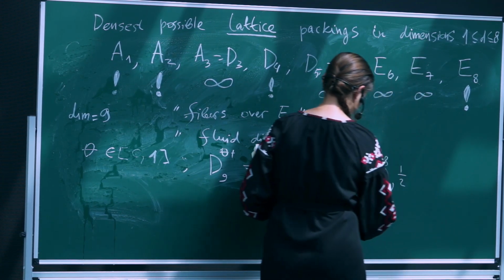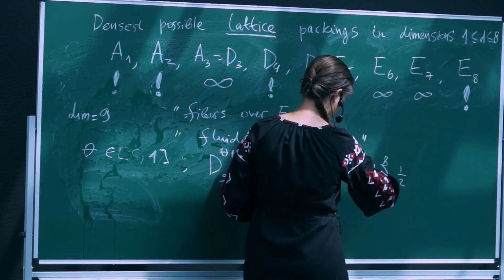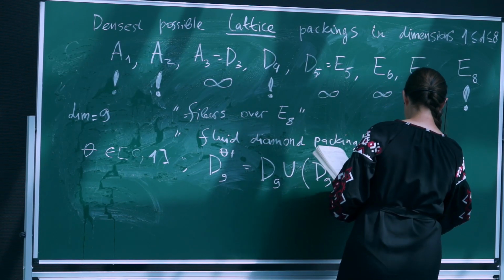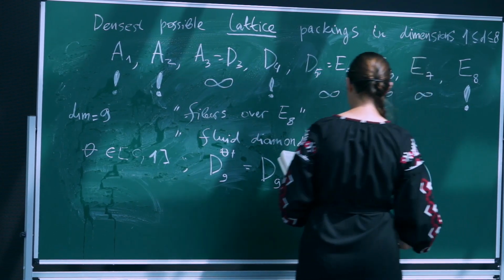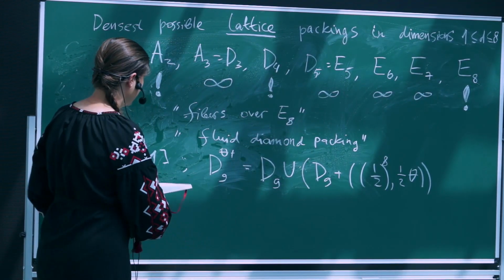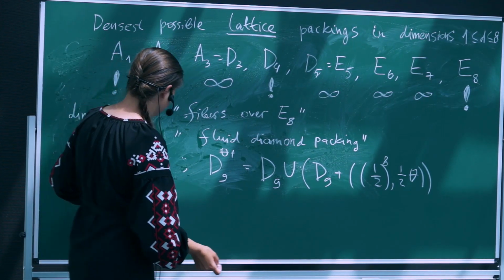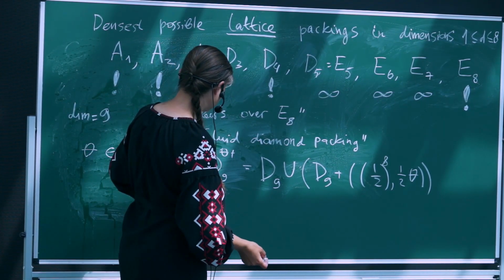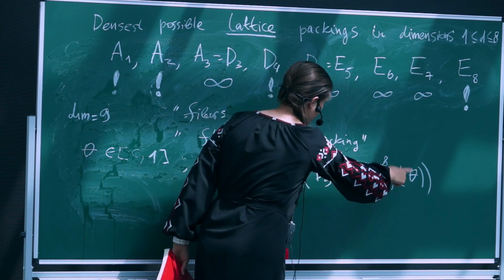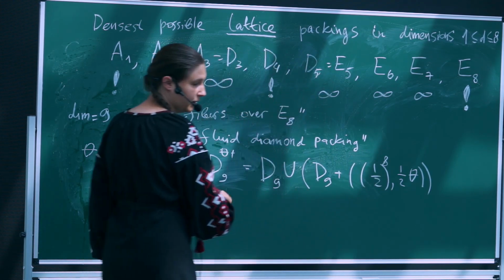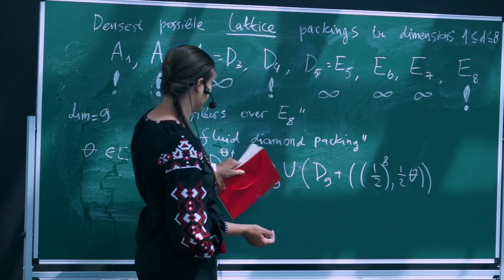So it has 8 coordinates 1/2 and 1 coordinate which is 1/2 theta. And it turns out that all these configurations actually produce a sphere packing, and these are sphere packings of the same density.